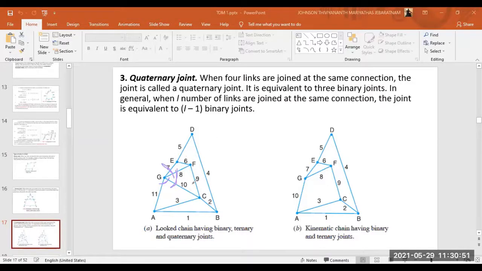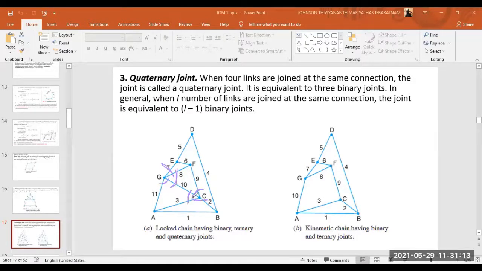Similarly, you can look at the joint C also. There I have FC and GC, one binary joint, GC and GA, another binary joint, CA and CB, third binary joint, right? We can have 3 binary joints here, right?